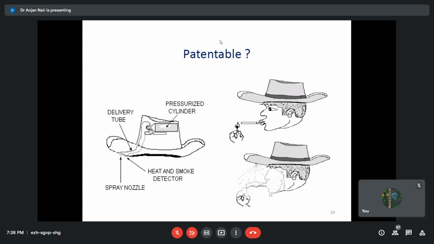The sensor will tell the cylinder to activate, and a foam or liquid will be dispensed and sprayed through the nozzle. By that you are extinguishing the fire and the cigarette itself. But the foam will also fall on the face. So, can this be patented?